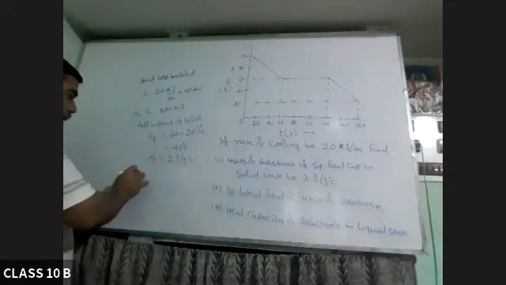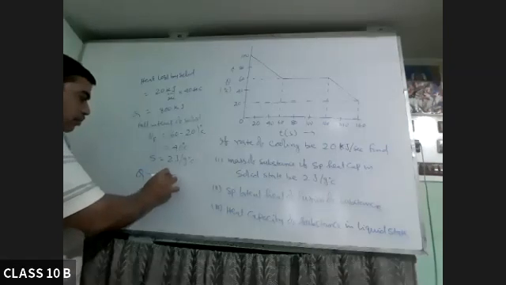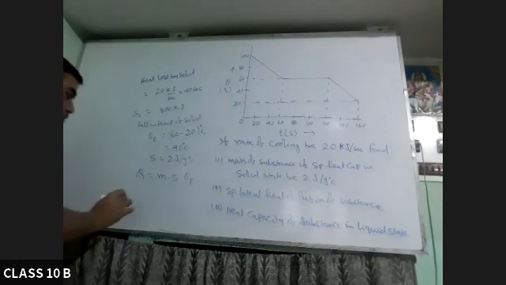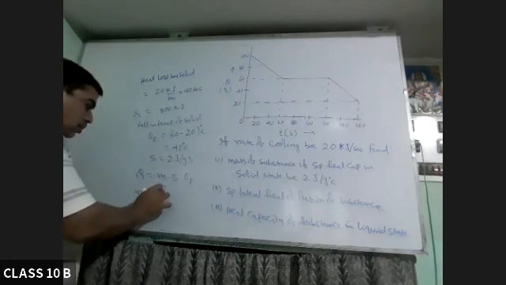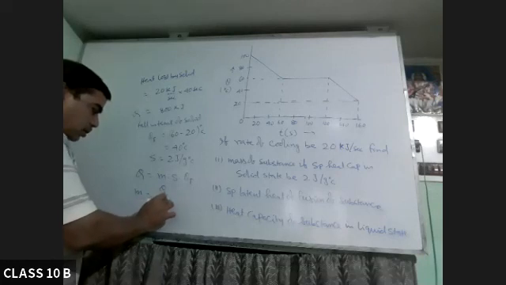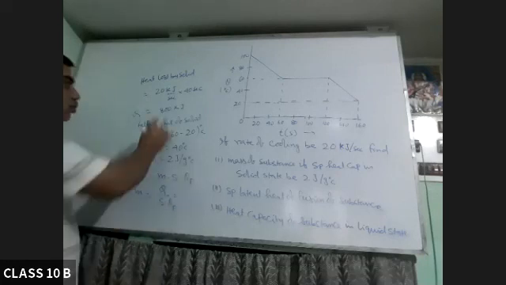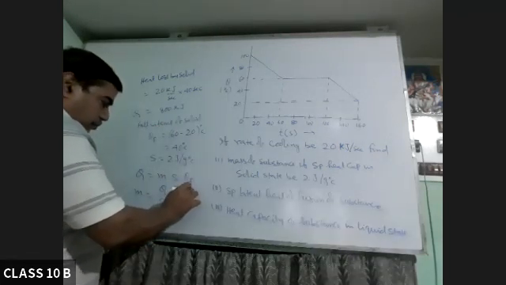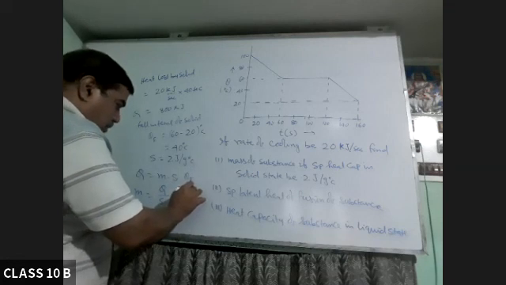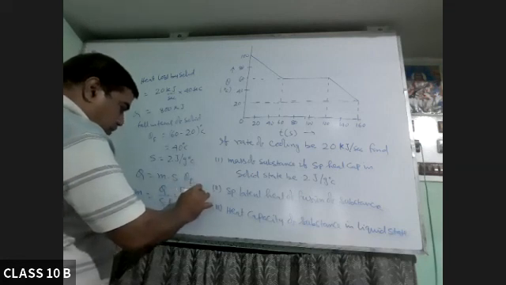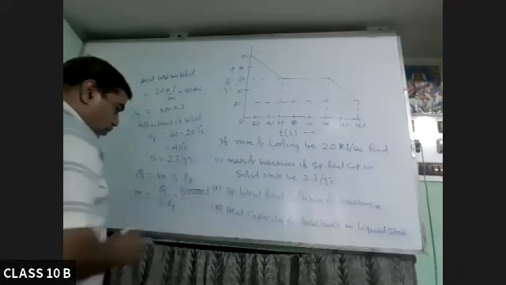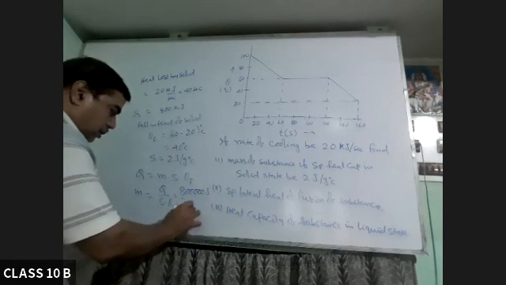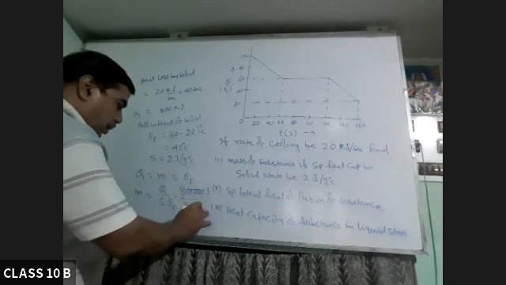So we'll find, and you know this Q will be equal to mass into specific heat capacity into fall in temperature. So what will be the mass? Q over S into theta F. So Q is 800 kilojoule, that is 800 into 1000 joule, divided by 2 joule per gram degree Celsius and falling temperature 40 degrees Celsius.